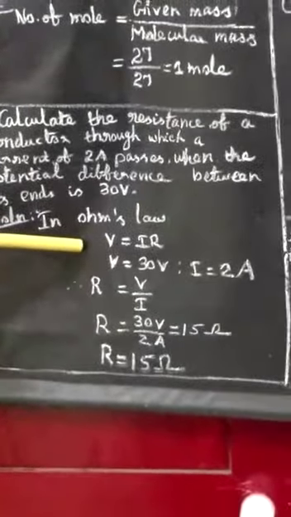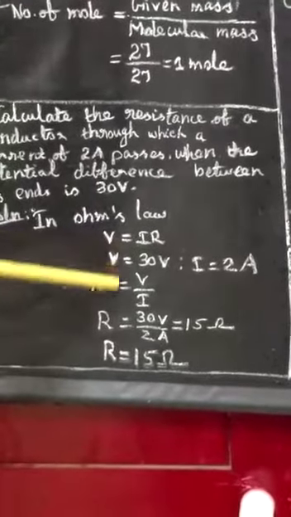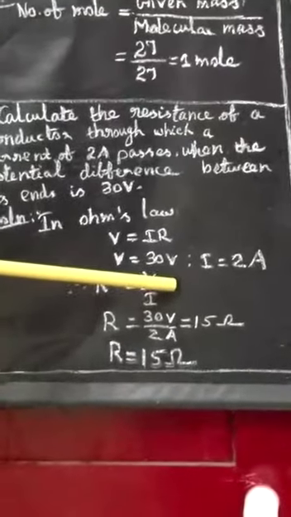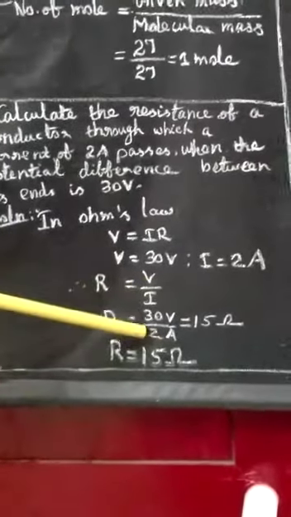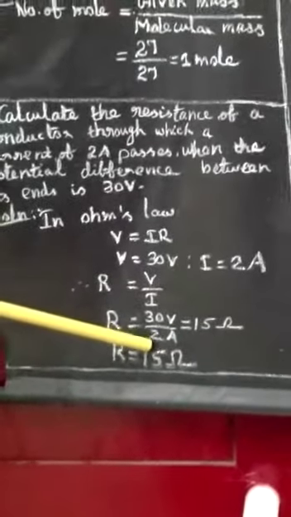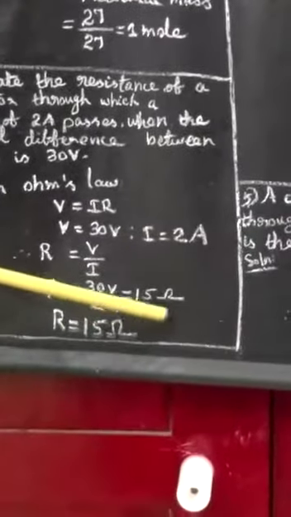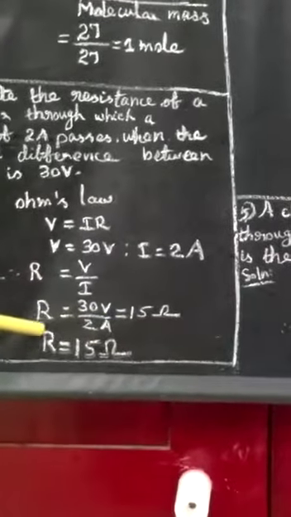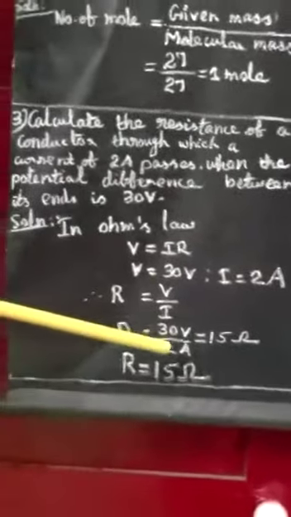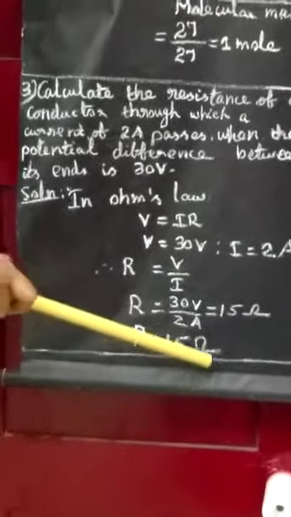We have to find the resistance, so the formula changes to R is equal to V by I. Substituting, 30 volt divided by 2 ampere, we get 15 ohm. Ohm is the unit of resistance, volt is the unit of potential difference, and ampere is the unit of current. So resistance is equal to 15 ohm.